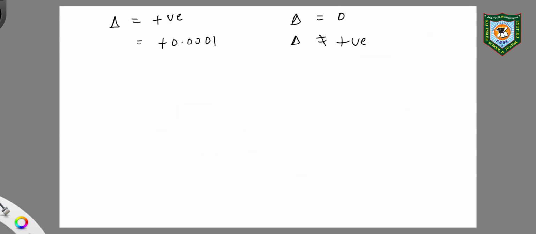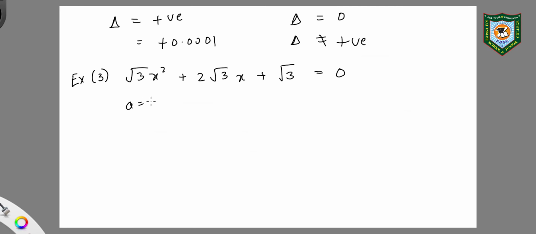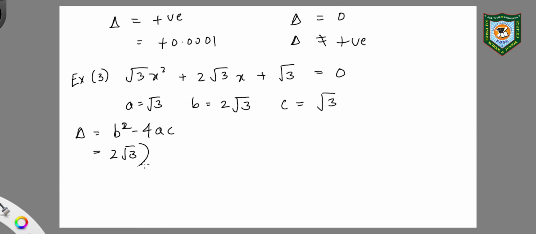So here I have root 3 x square plus 2 root 3 x plus root 3 is equal to 0. So a is equal to under root 3, b is equal to 2 under root 3, and c is equal to under root 3. So delta is equal to b square minus 4ac, which is 2 under root 3 whole square minus 4 into under root 3 into under root 3.